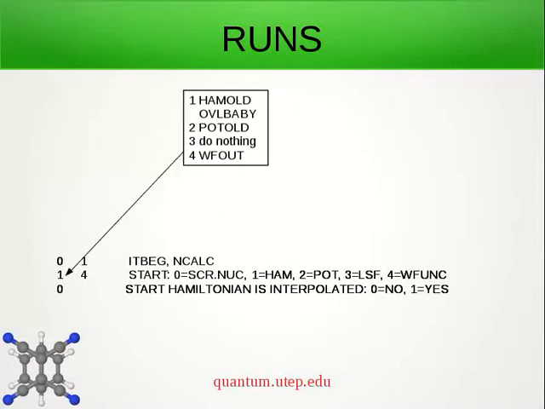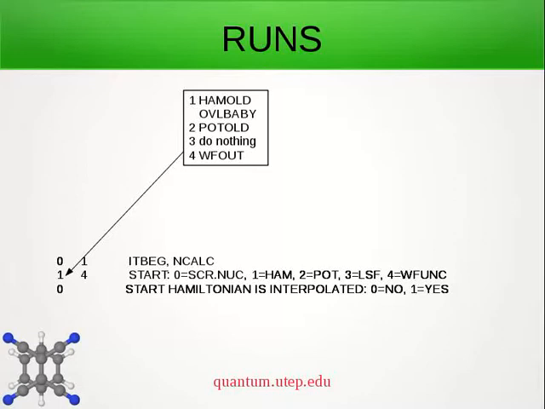Second line, the first column is where you want to start the calculation from: the Hamiltonian, the potential, or the wave functions. In this case, you put a 1 there, and the files HAML, which is the Hamiltonian, and OVL, which is the overlap, the Hamiltonian and overlap matrices are stored. They have to be present in the directory.